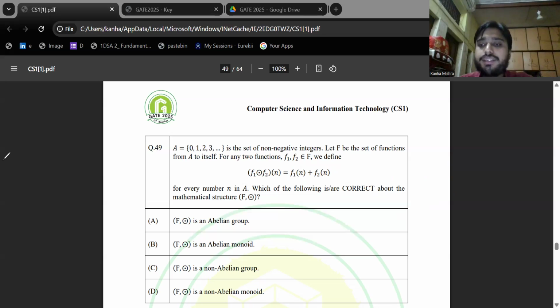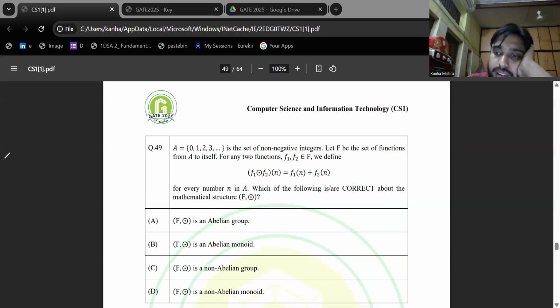Let's analyze this. We want to evaluate whether this structure is a group, monoid, Abelian, or non-Abelian. We don't know that, so in this question we need to evaluate it. Let's understand step by step.